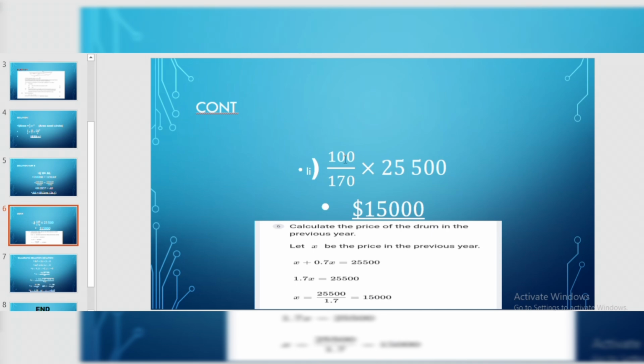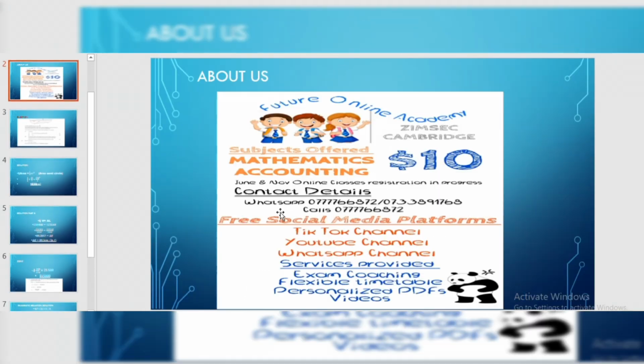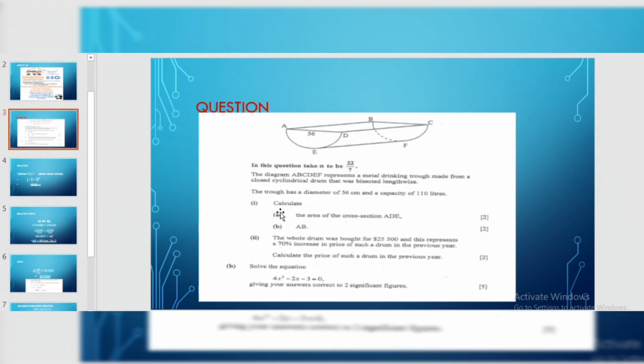Then you can use the alternative formula whereby you say the cost 100 over the new increase of 170 times 25,500, which is going to be 15,000. Then going back to our question, you'll be done for this question, awarded the 6 marks. Then moving forward, we have the quadratic equation.